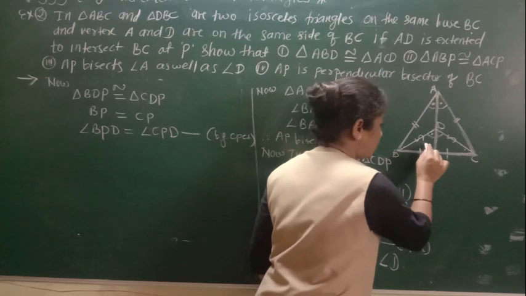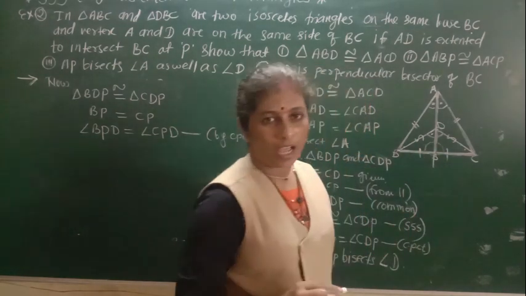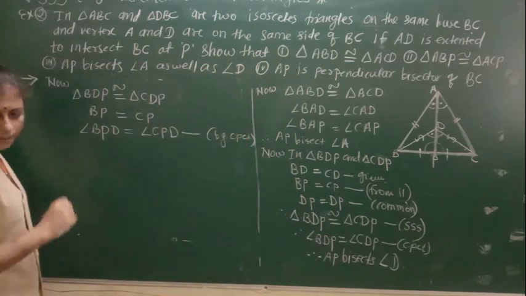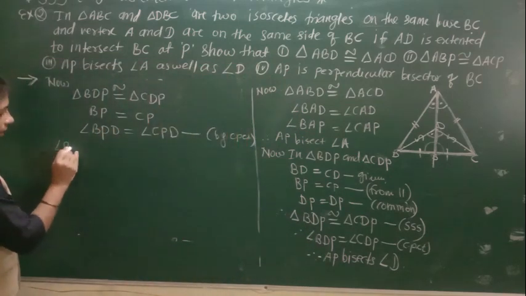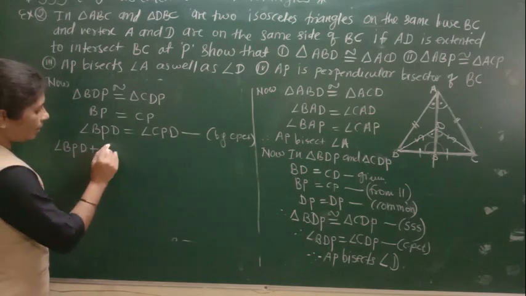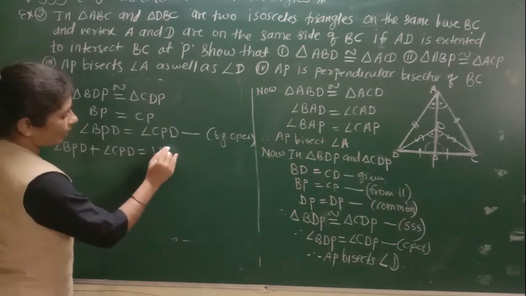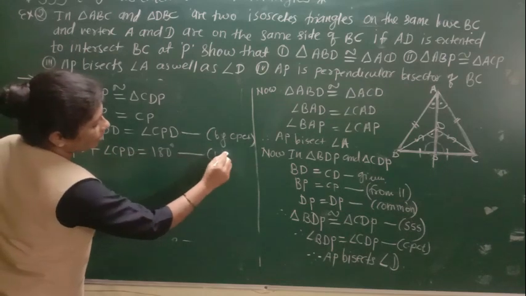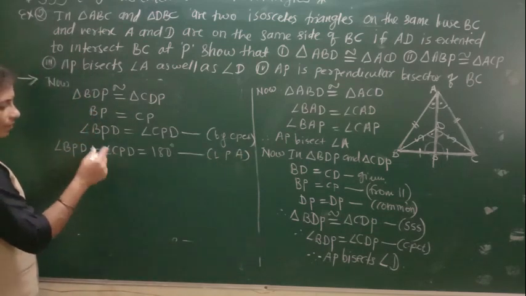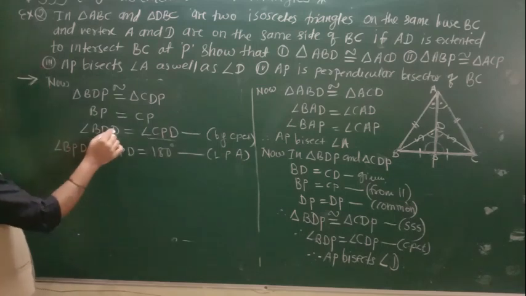Now angle BPD plus angle CPD, right? These two angles are a linear pair. So angle BPD plus angle CPD equals 180 degrees because of the linear pair. Instead of CPD we will write BPD.